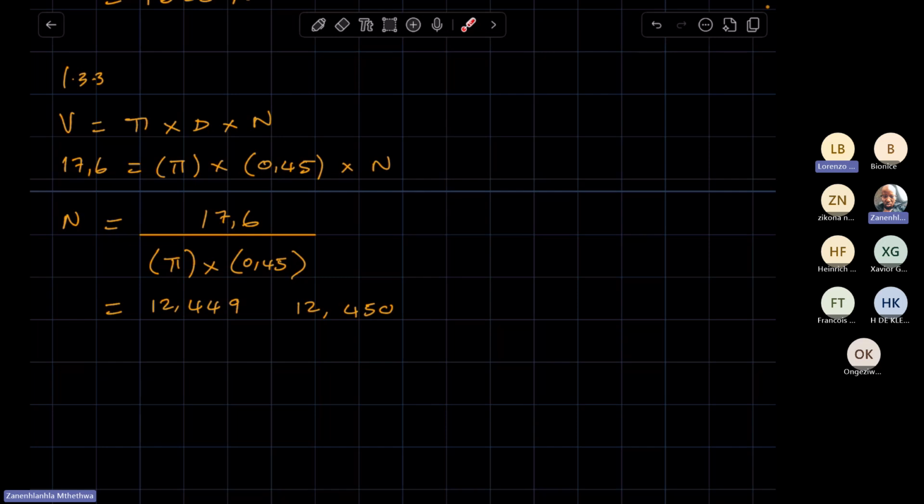But because the number after the 9 is less than 5, this is how you round it off. Remember to always round off to 3 decimal places. This is in revs per second. Or you can simply use R for revs per second.